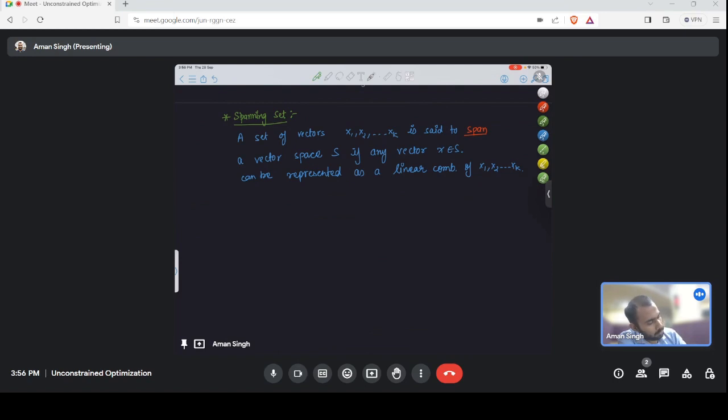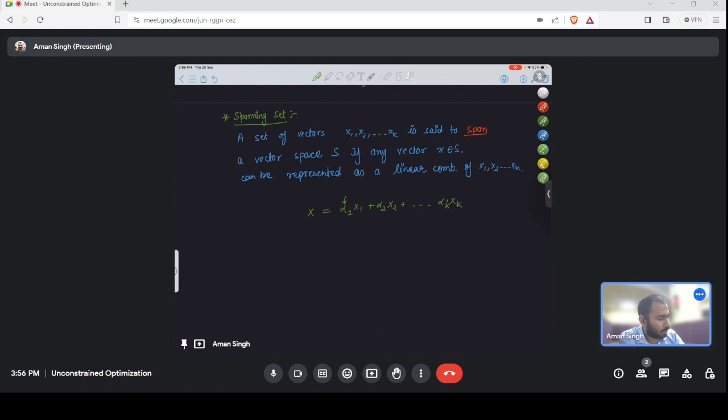What is a linear combination? So what does this mean? Any vector x, if it can be written as a linear combination, that is alpha 1 x1, where alpha is a real number, plus alpha 2 x2, up to alpha k xk.